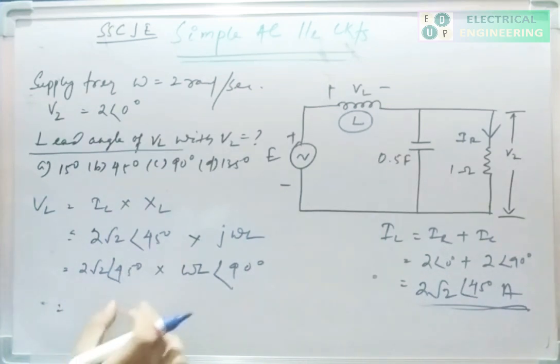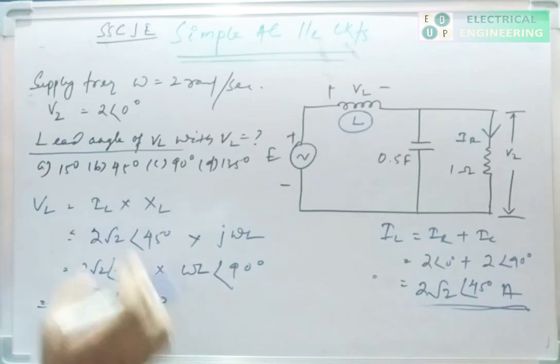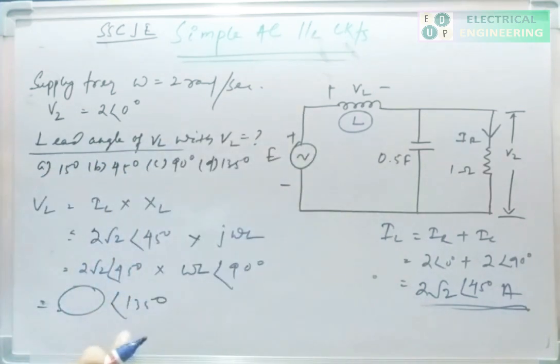If it is multiplication, the phase angles will be added, that is 45 plus 90 is 135 degree. We don't need the magnitude value; we just have to find the phase lead angle of VL with V2. So the lead angle is 135 degree. Option D is correct.